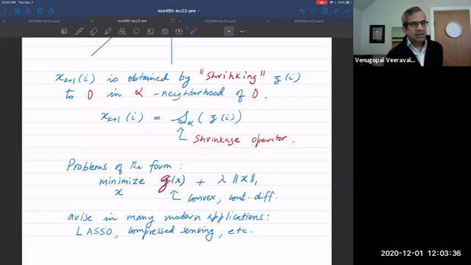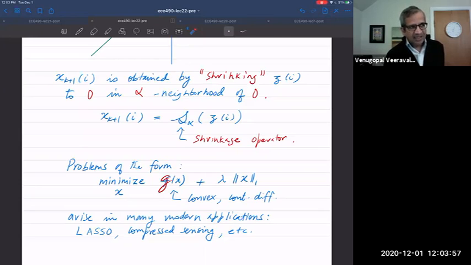You want to keep that as small as possible in your optimization, but the L0 optimization problem is essentially a highly non-convex, hard optimization problem.